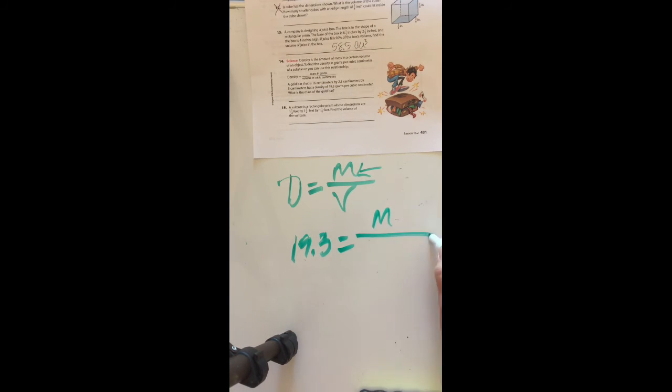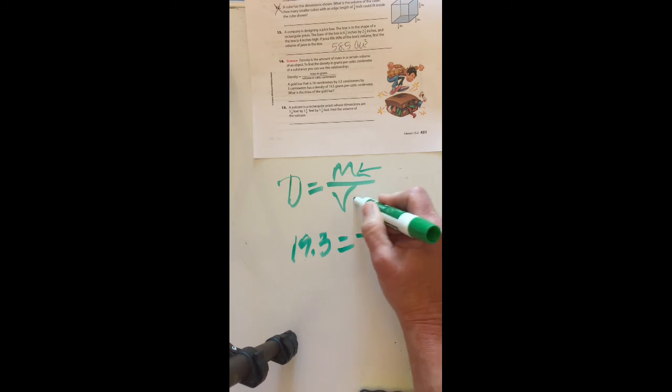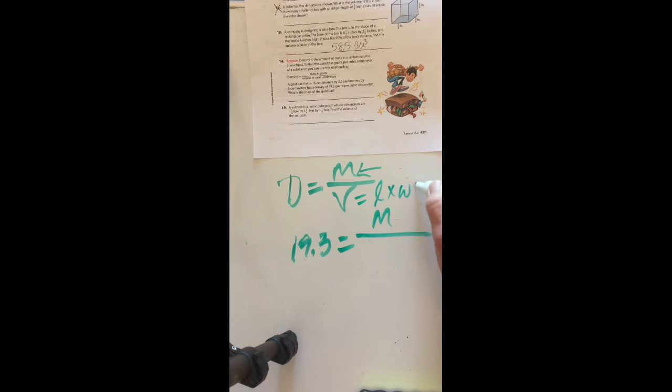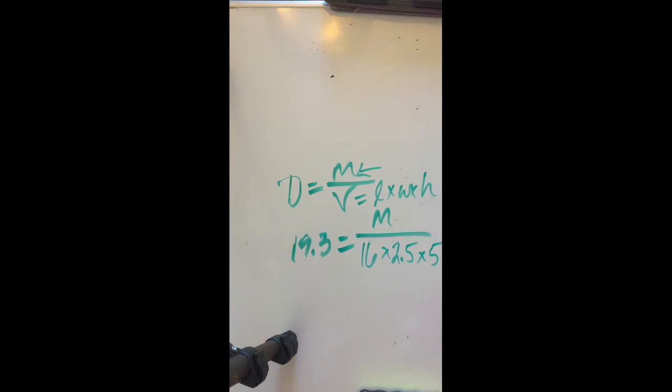Mass is what we're trying to find, and volume is the same as length times width times height. So for where volume is, we could replace that with 16 by 2.5 by 5. So let's go ahead and calculate the volume using your calculator. 16 times 2.5 times 5 gives us 200.